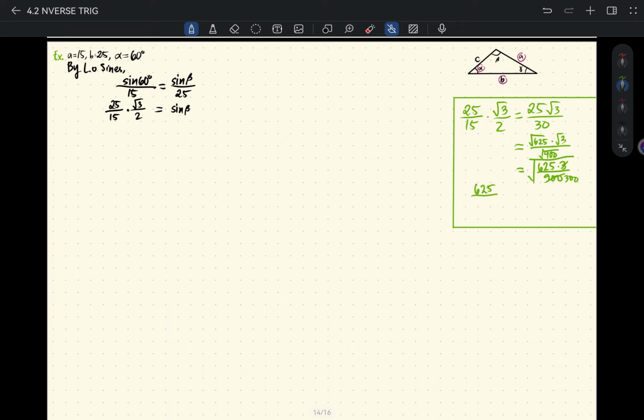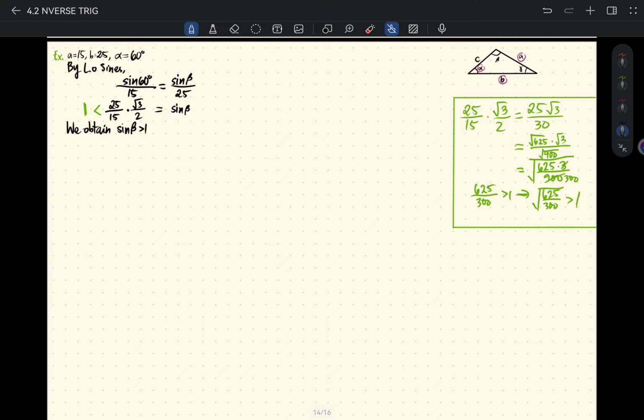And 625 over 300, this is a number that is greater than 1. So I'm sure that the square root of 625 over 300 is greater than 1. So that means this number right here is greater than 1. So we obtain sine beta is greater than 1.